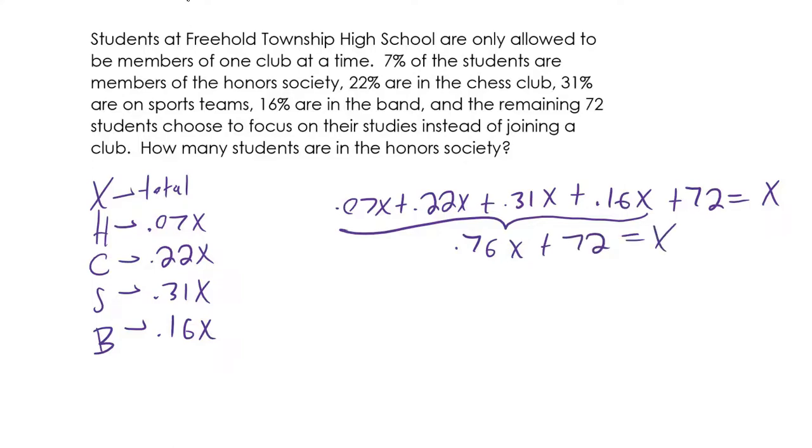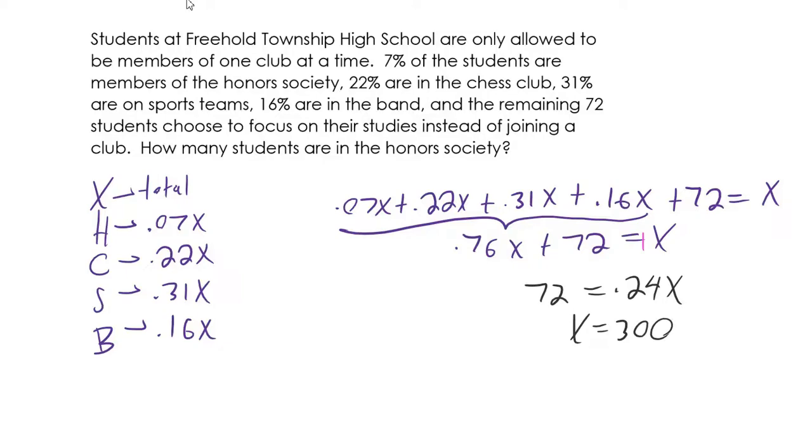Now that x here is really 1x. And now we'll take away 0.76x from both sides, and that gives us 72 equals 0.24x. And now we can do 72 divided by 0.24, and that gives us 300.